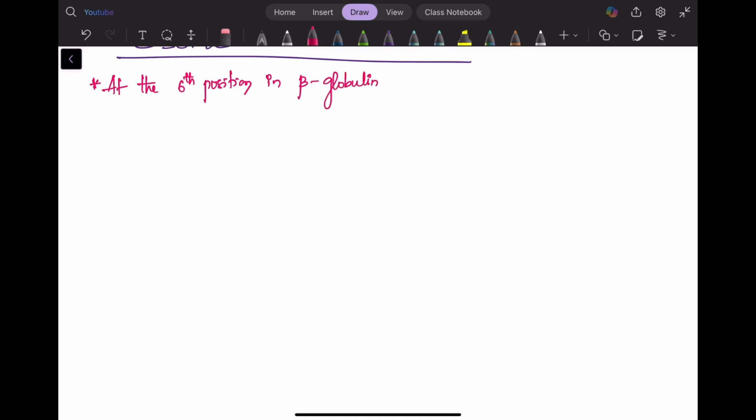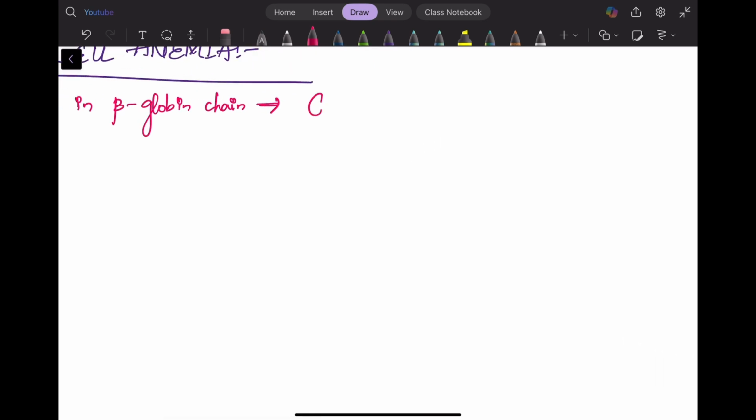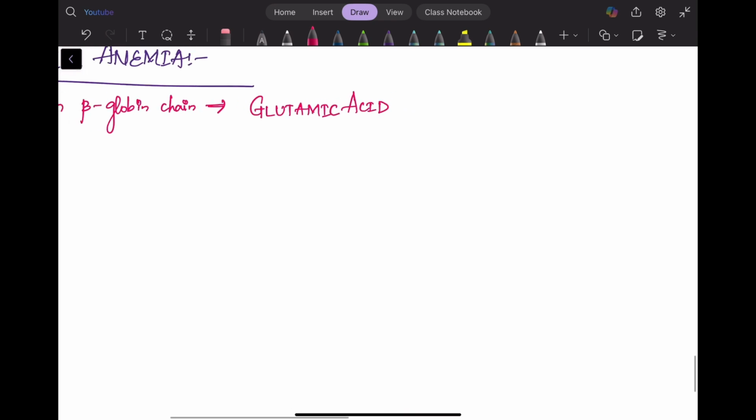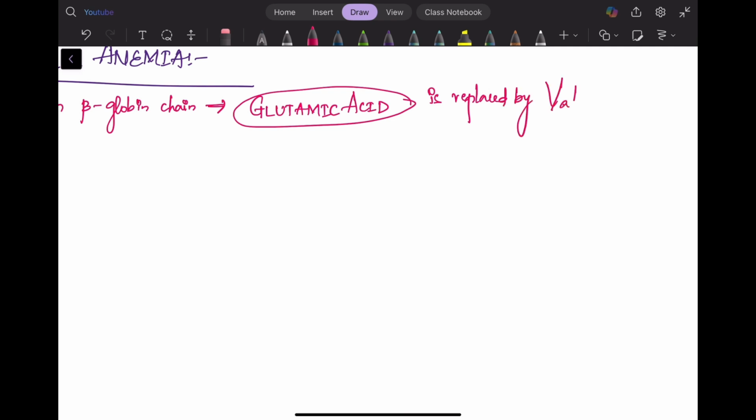At the 6th position in the beta-globin chain, don't get confused, glutamate or glutamic acid is replaced by what?